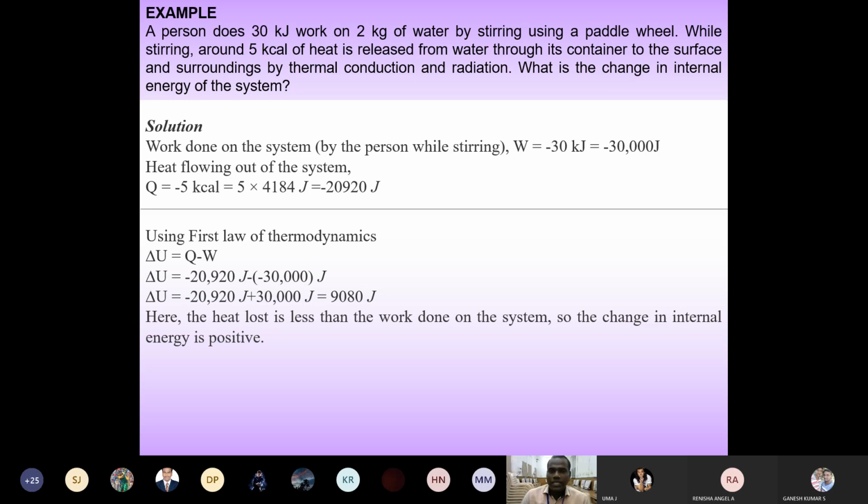So if you want to find the change in the system, we can calculate it. Right, fine. So this is the application of the first law of thermodynamics. We can use it to solve these kinds of problems. Just go through this problem, then move to the next slide.